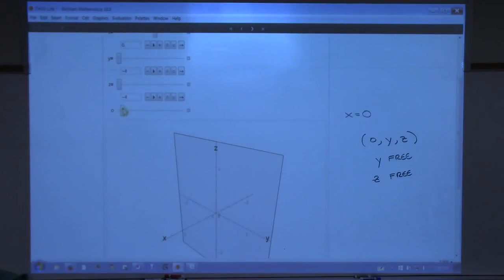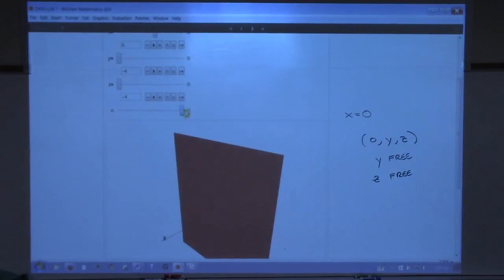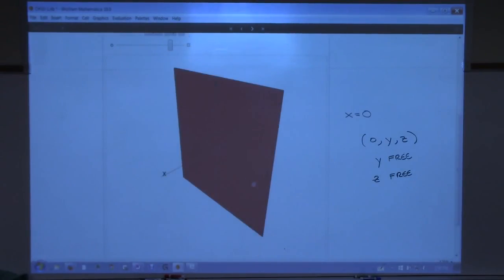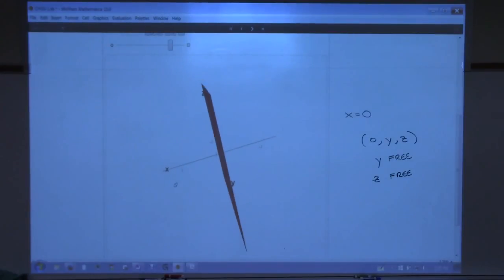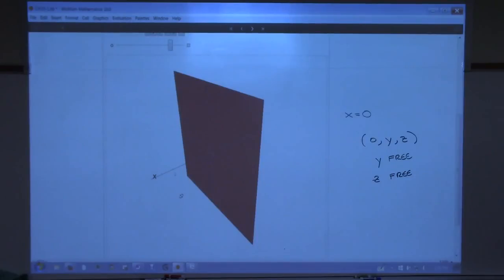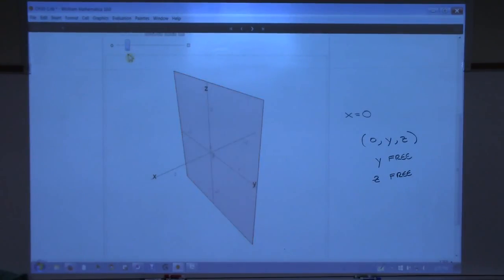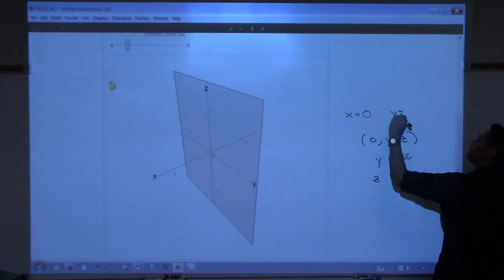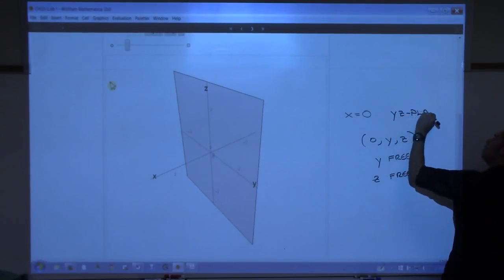There it is right there. And I'm going to bring it in real dark so you can see it. And I'm going to turn this. Right? Do you all see that clearly? That is x equals 0, which we will from now on refer to as the yz plane.